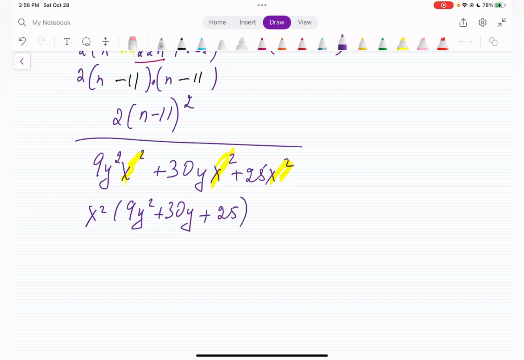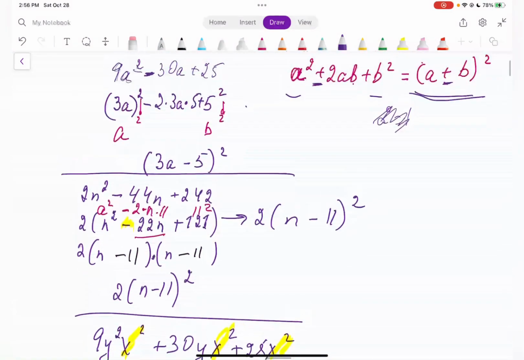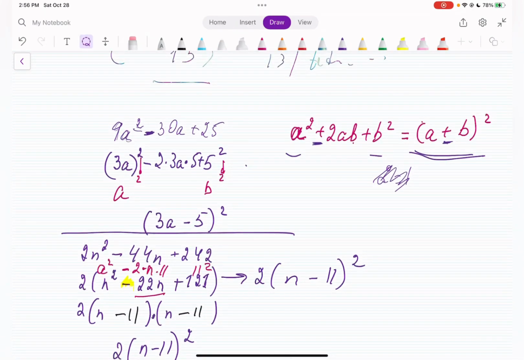Okay, since I have 9y squared, I don't want to deal with factoring with the coefficient where first term is y squared. So I'm going to see if it's perfect square. x squared, look, where is my formula? Let me bring it down.